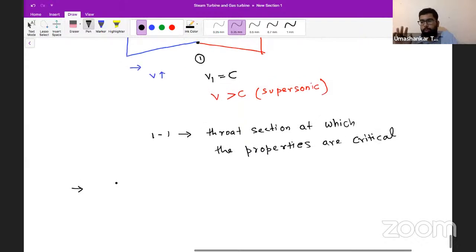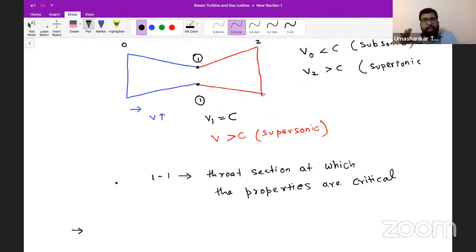Listen to me. In the converging section, what is the maximum velocity we can attain? Frozen, you can answer this. That is the velocity of sound, yes or no?